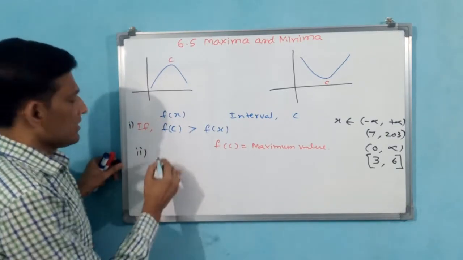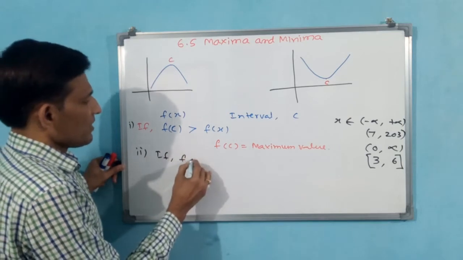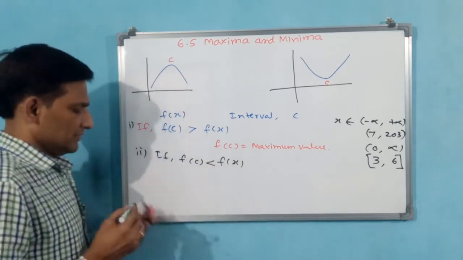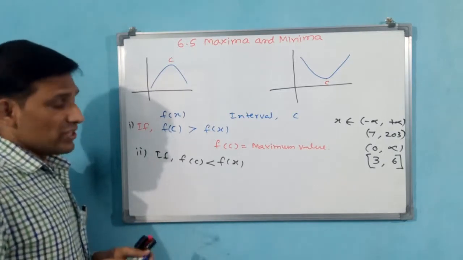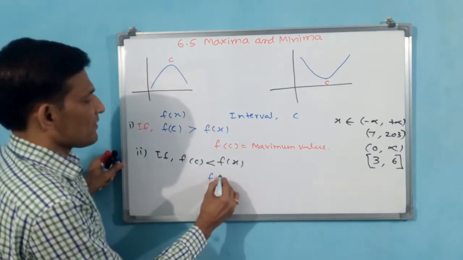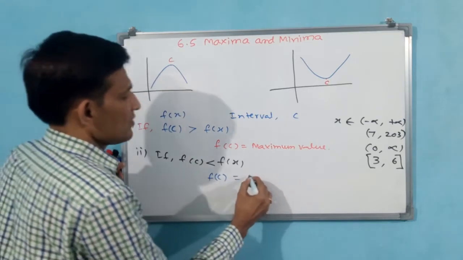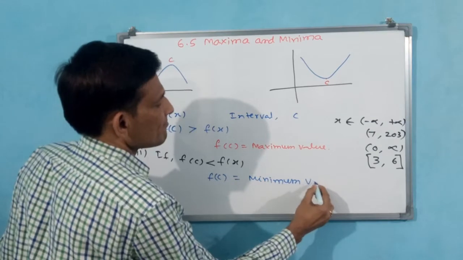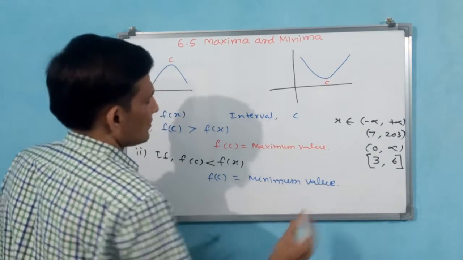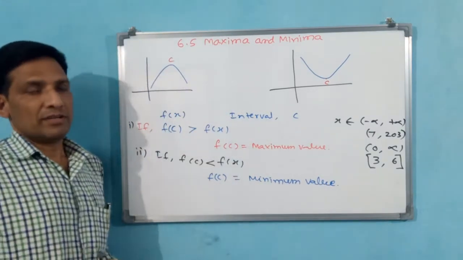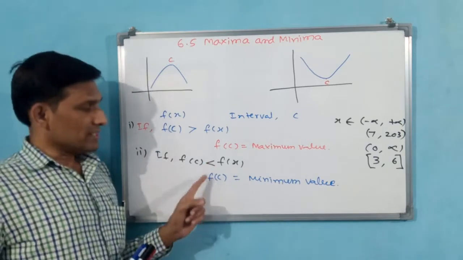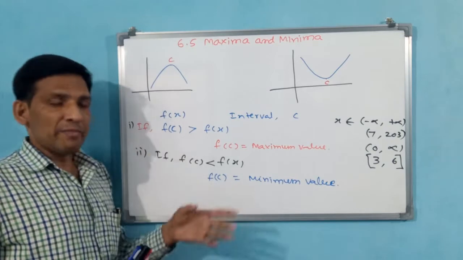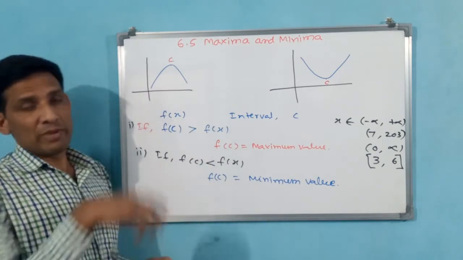The second point: if f of c is less than f of x, then f of c is the minimum value. Do you understand the concept? If f of c is less than f of x, then f of c will be the minimum value. Maximum value, minimum value: maxima, minima.